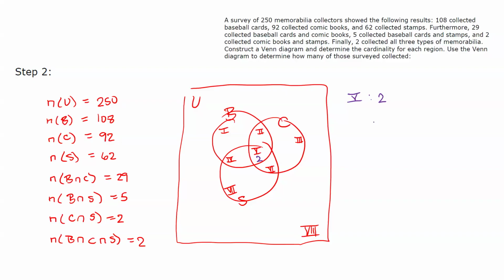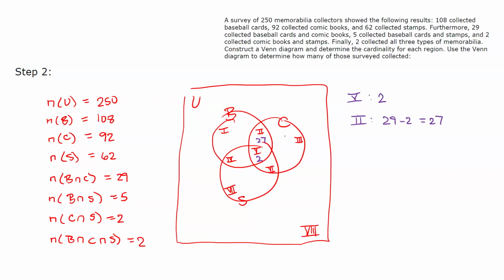Okay. Next, we'll go to region number 2, which is going to be part of the intersection between B and C. And we know the intersection between B and C is 29, but we already have 2. So we're going to subtract 2 to get the remaining, which is 27.